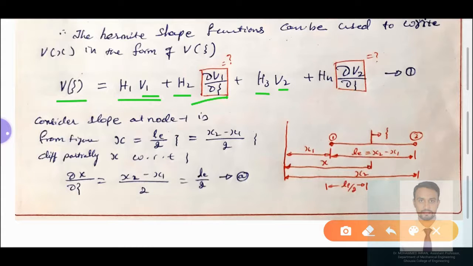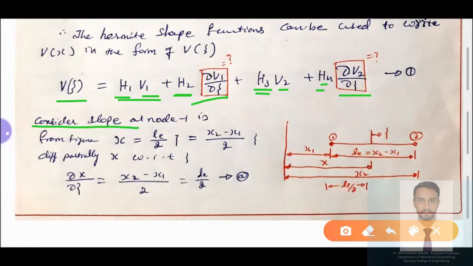And at node number 2, similarly, due to the rotation or the slope, the beam has been displaced. ∂v2/∂zeta, which depends upon θ2, has a Hermite shape function h4. Here h1 is due to the transverse displacement at node number 1, h2 due to the rotation at node number 1, h3 due to the transverse displacement at node number 2, and h4 due to the rotation at node number 2.